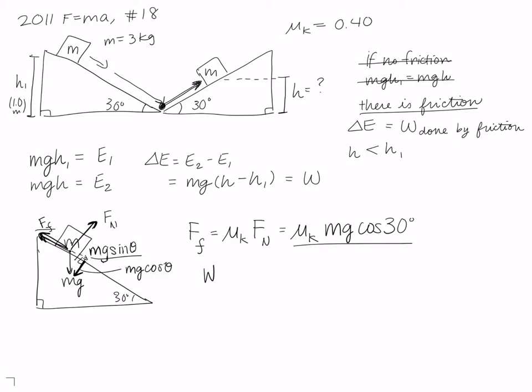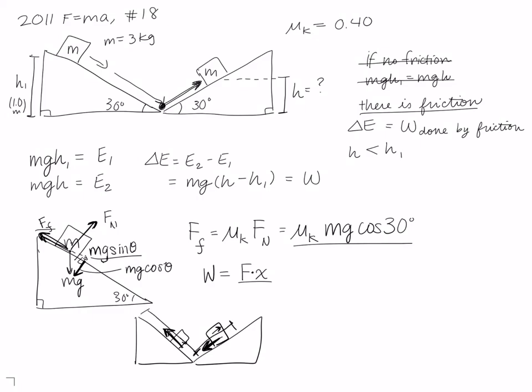Now we want to know what distance it has acted upon, because work is equal to the force times the distance upon which it acted. Since our friction force acts parallel to both ramps, when the block is moving downward, the friction force acts upward, and when our object is moving up the second ramp, the friction force acts downward.